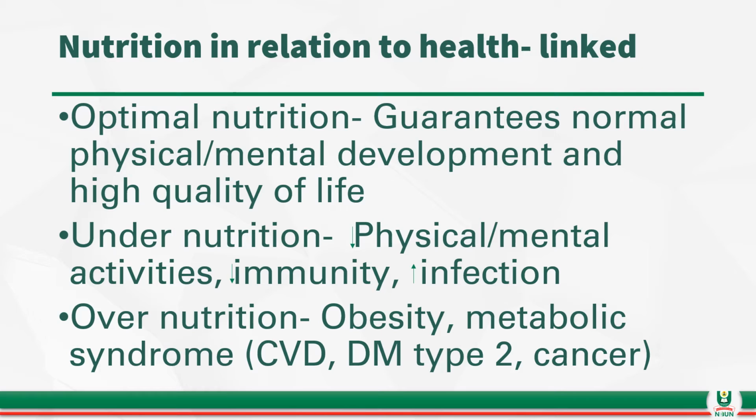Overnutrition. Not just that you overeat, but there's excess nutrients in the food you eat. Such condition brings about what we call obesity conditions, including diabetes mellitus. They are also prone to having cardiovascular diseases and cancers and all that when people have excess nutrients in their diet.